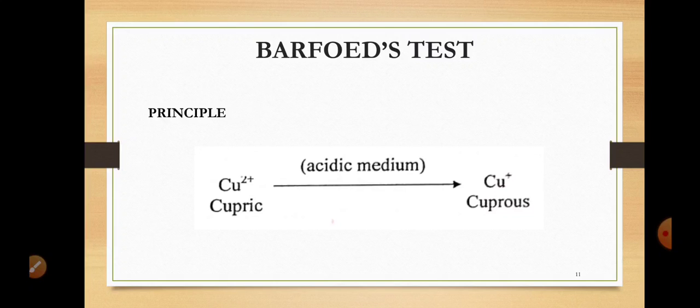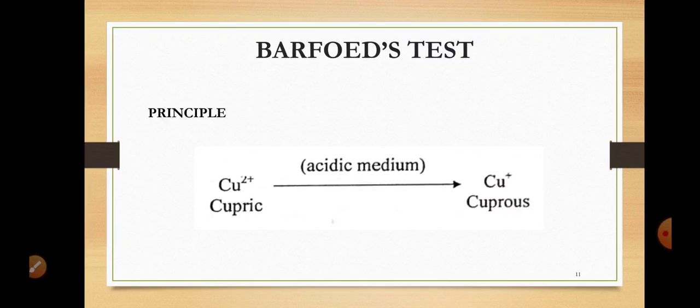Monosaccharides react very fast, whereas the reaction with reducing disaccharides is slow. This is very important: monosaccharides react very fast, whereas disaccharides react very slow. This property is used to distinguish a reducing monosaccharide from a reducing disaccharide.